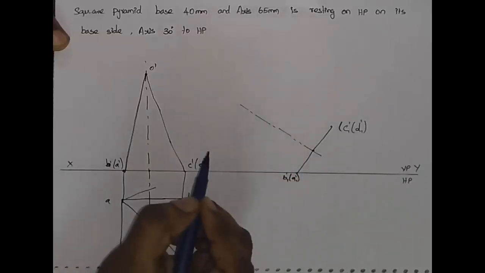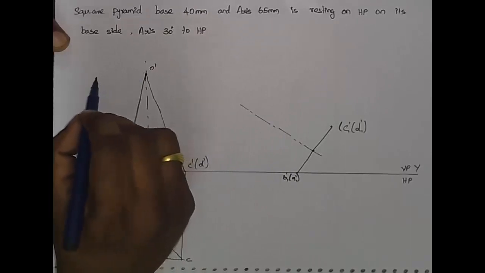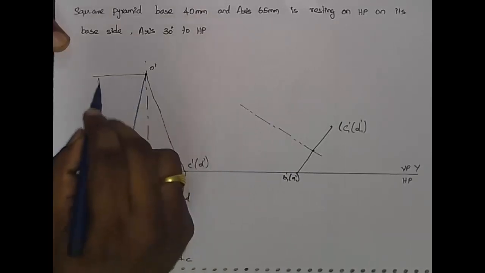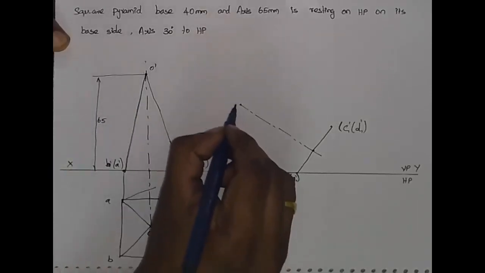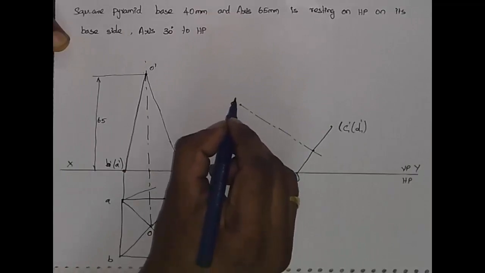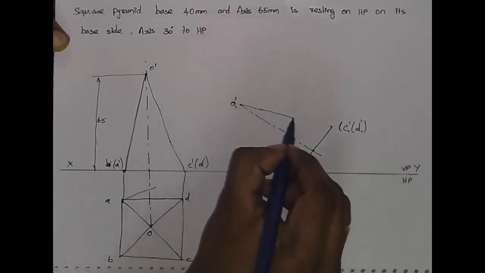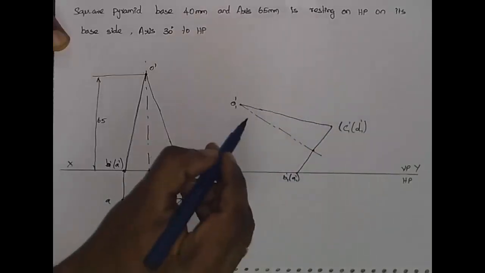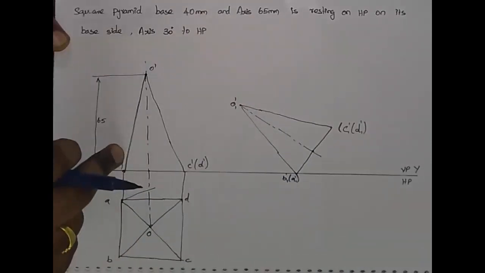So I made the perpendicular line and mark this 65 mm, that is axis length. Mark this 65 mm here and make this point as O1 dash. Now connect these O1 dash and C1 dash and O1 dash and A1 dash. You will get this view here.